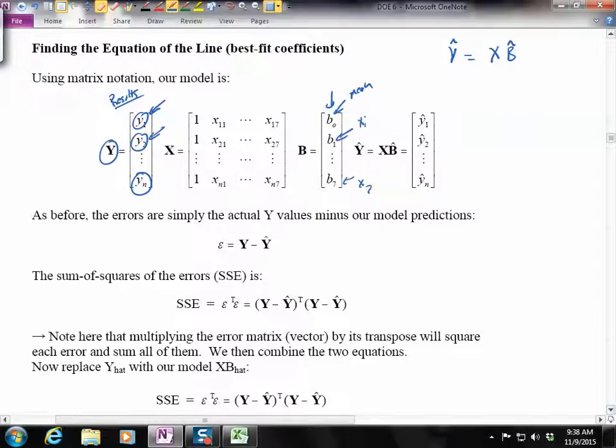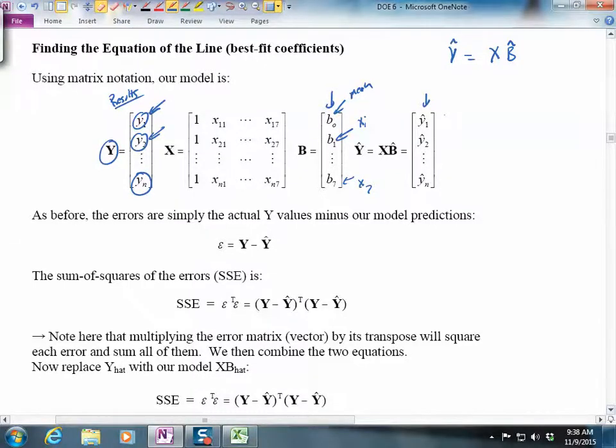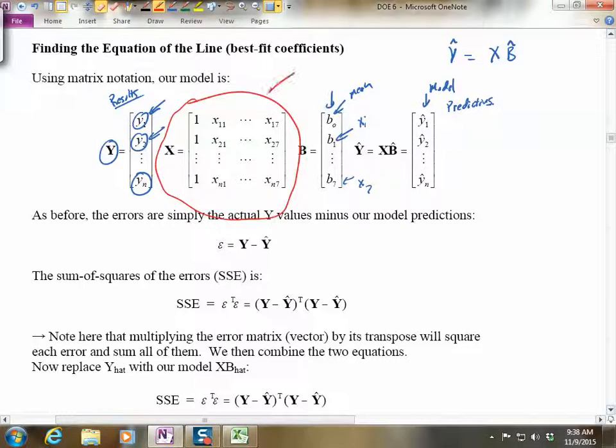Or if our model has 7 terms, I should say. This y hat vector is your model predictions. And finally, that is the full computation table.